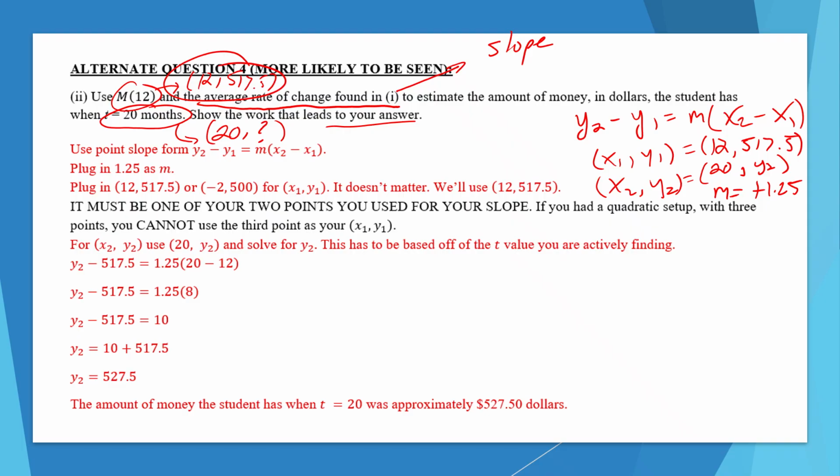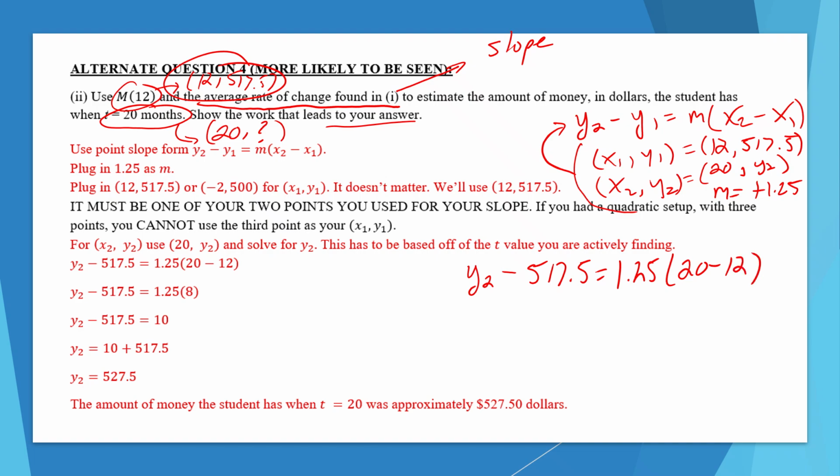We don't know what y2 is. We're going to plug all 3 of those things into this equation. So here, this would be y2, which we don't know, minus y1, which is 517.5, equals 1.25 times 20 minus 12. And that's going to be how we set up our equation.